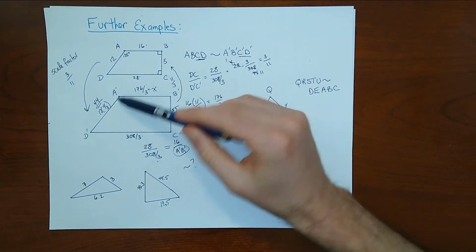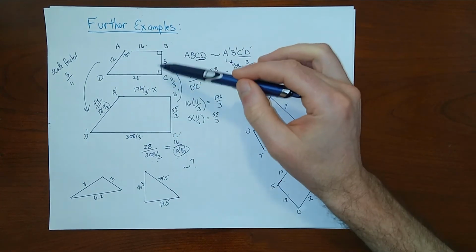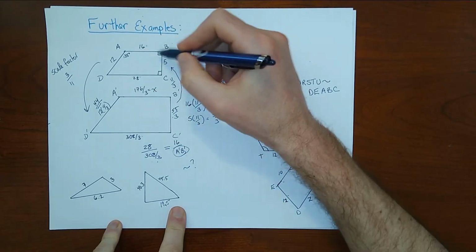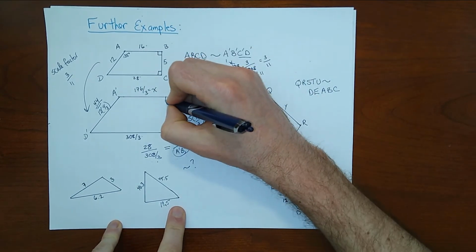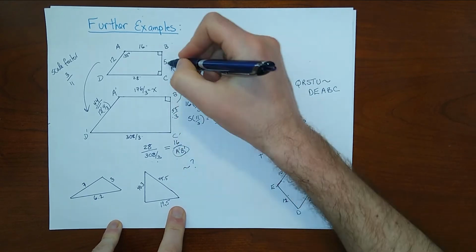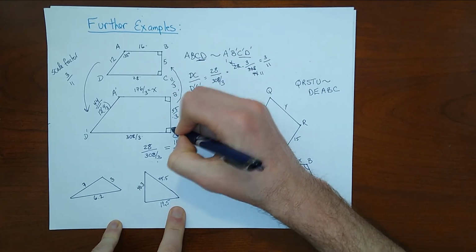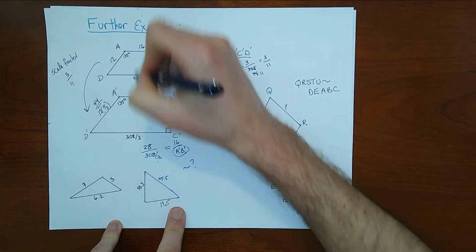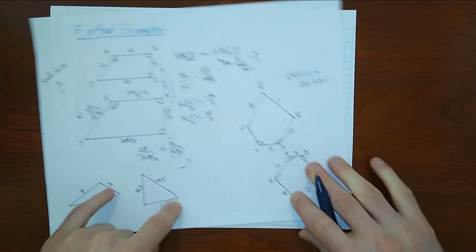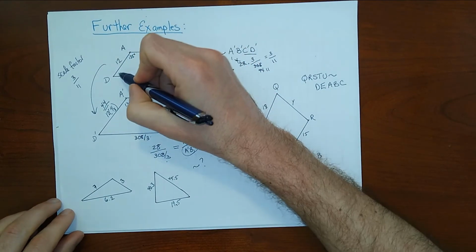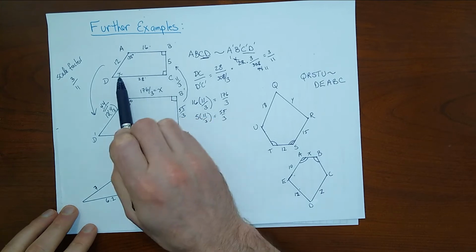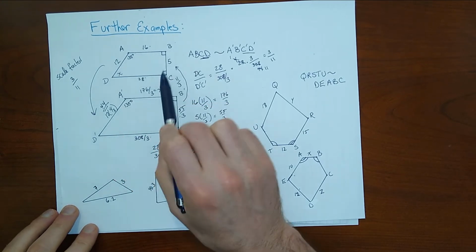The only other unknown things would be the angles, and we know that in similar shapes, the angles are congruent. So the corresponding angle here to B is B prime, so that has to be 90. C prime corresponds to C, so that has to be 90. This angle was 135, so A prime has to be 135. And then D, well, we don't know what D is, but we do know that in a quadrilateral I have 360 degrees from the interior angles.